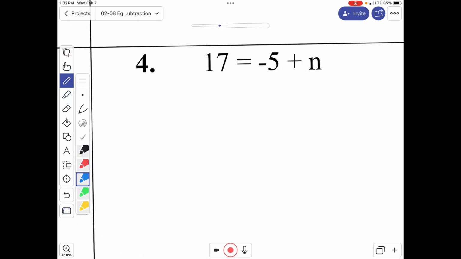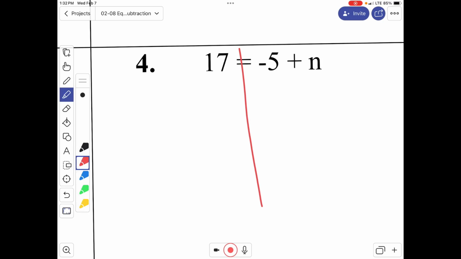Number 4. Draw the wall. Find the variable. So we need to get rid of negative 5. The opposite of negative 5 is positive 5.